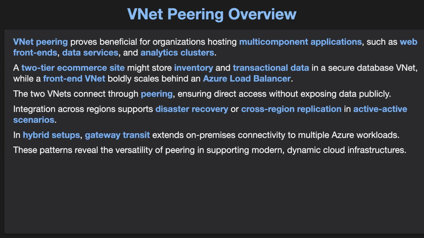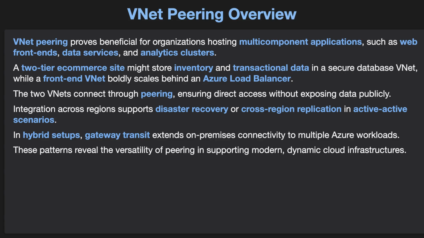VNet peering proves beneficial for organizations hosting multi-component applications, such as web front ends, data services, and analytics clusters. A two-tier e-commerce site might store inventory and transactional data in a secure database VNet, while a front-end VNet scales behind an Azure load balancer. The two VNets connect through peering, ensuring direct access without exposing data publicly.